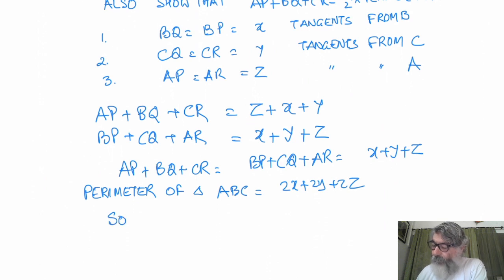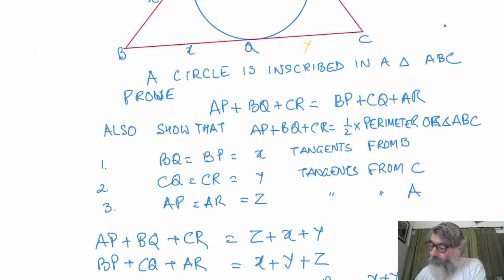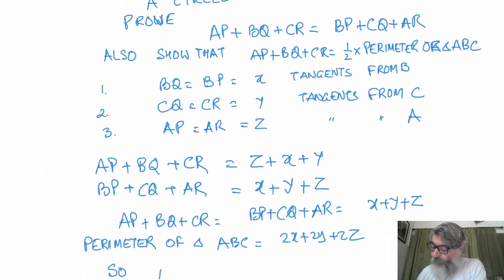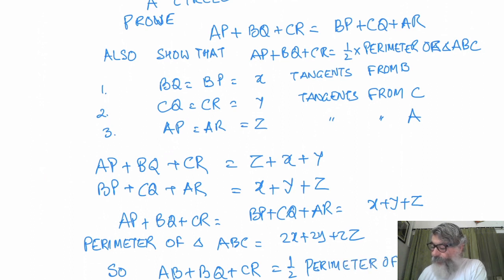What does he want? So AP plus BQ plus CR is half the perimeter of triangle ABC, because this is 2X plus 2Y plus 2Z, while this is X plus Y plus Z. X plus Y plus Z is equal to half of 2X plus 2Y plus 2Z.